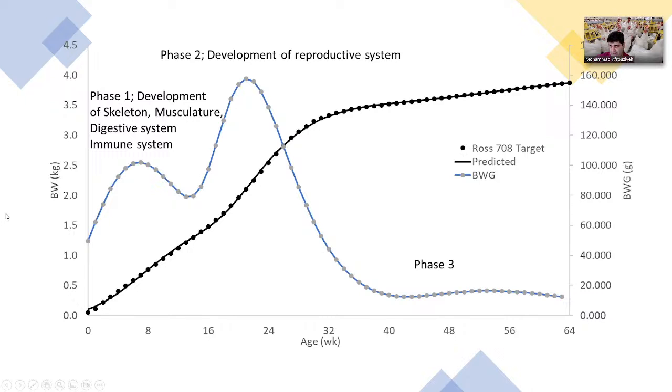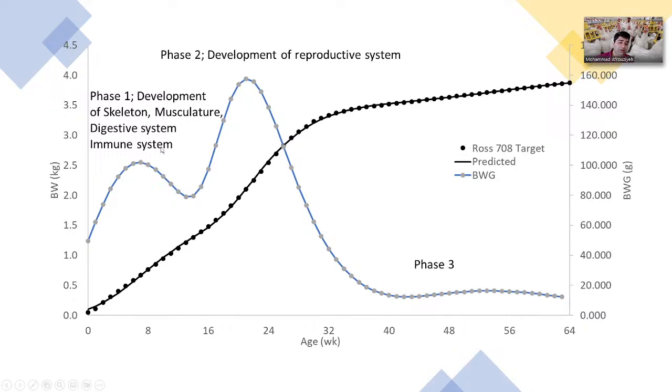For example, phase 1 shows the development of the skeletal system, muscular system, digestive system, and immune system. So as we pay attention to this phase, it's really critical.